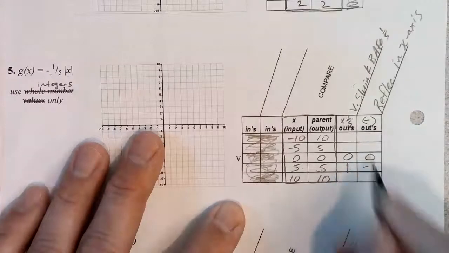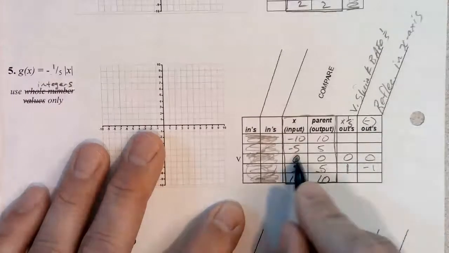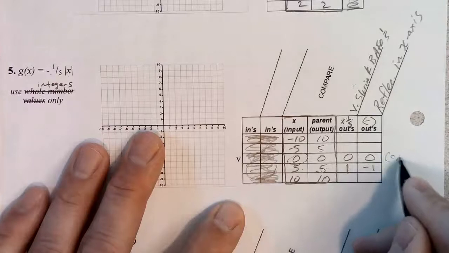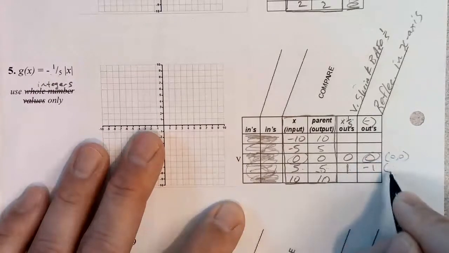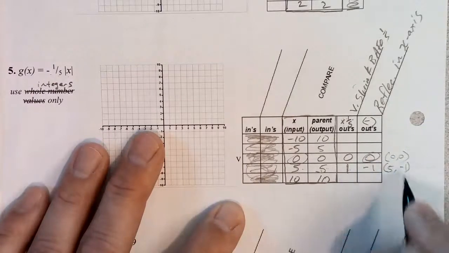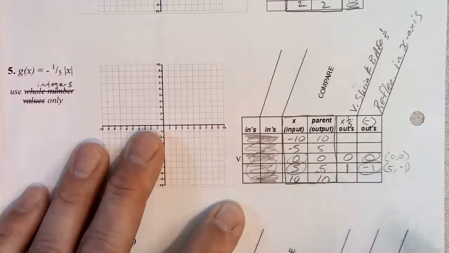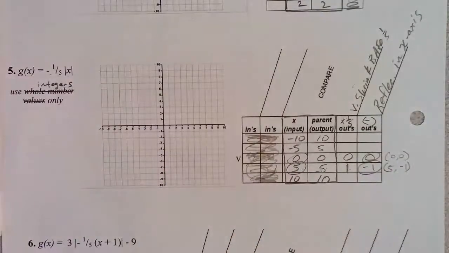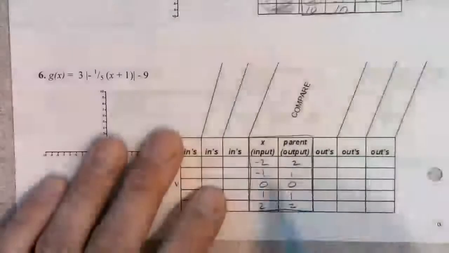This stays 0. Okay, so I get the ordered pair 0, 0, and 5, -1. Right, that and that. Now I'm going to pause right there. Tomorrow we'll talk about this one, if you ask for help. Any questions?